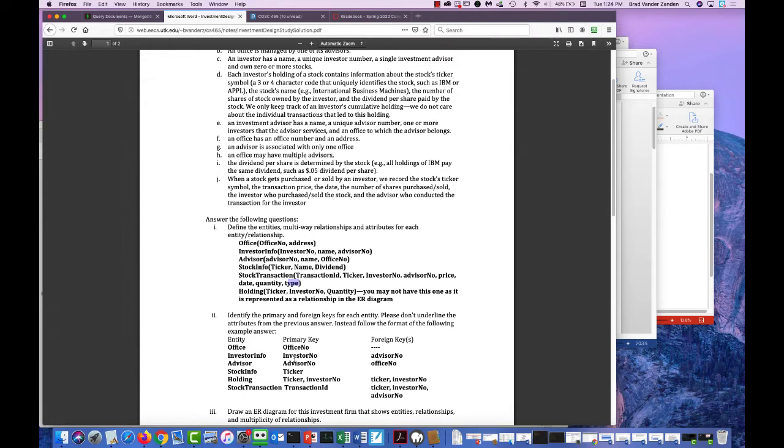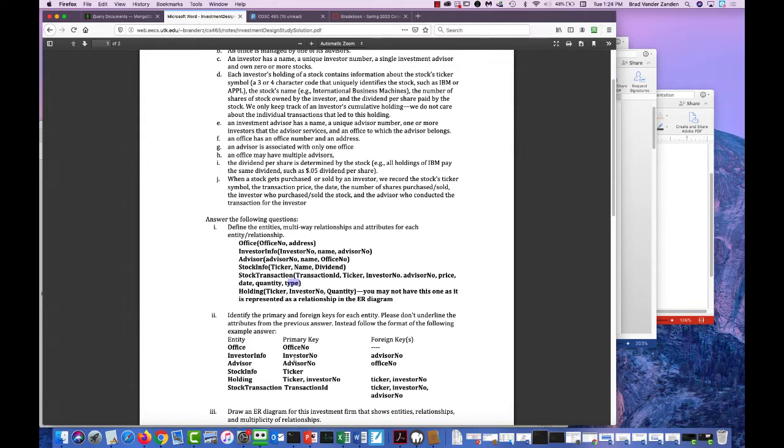So we know that the cardinality is many. There was no limit on how many investors there could be. You'd have to talk and clarify, but normally a new advisor might not yet have any investors. So at the beginning, they might not have any investors.